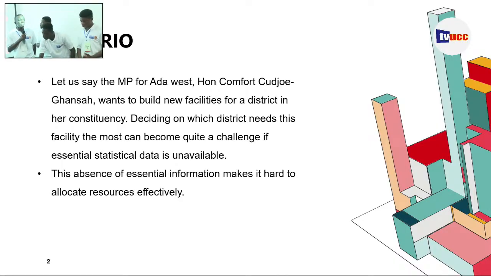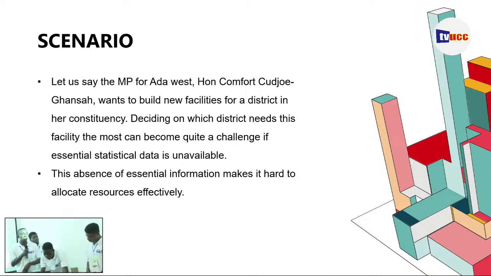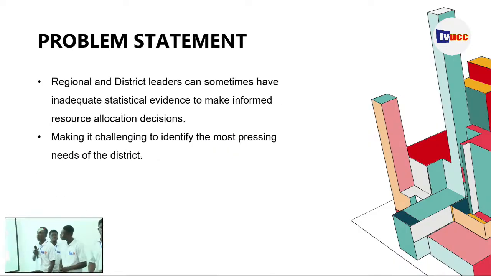Now, let's say an MP in Ghana wants to create a new facility in his constituency. There are certain facilities that need to be created more than others, so instead of building the wrong one, you can rather build a hospital. We have identified this as a problem, because they do not have adequate data to back up most of this information.